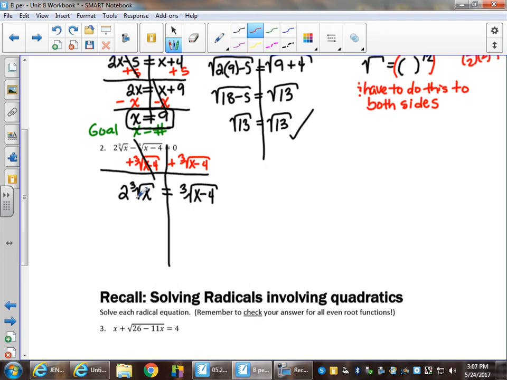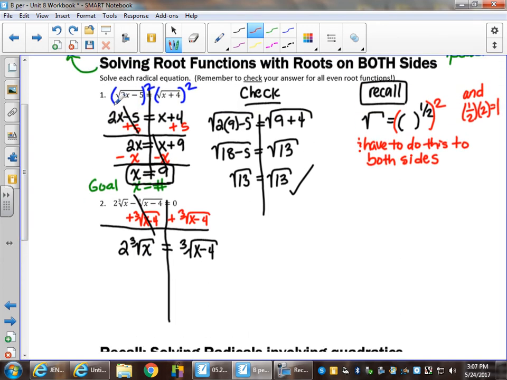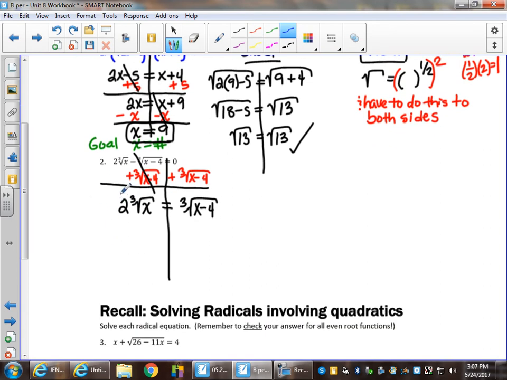If this is the third root, what is the inverse of the third root? Well, up here, to undo a square root, we raised both sides to the second power. To undo a third root, we will raise both sides to the third power.